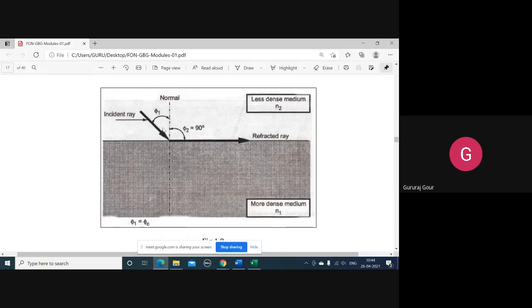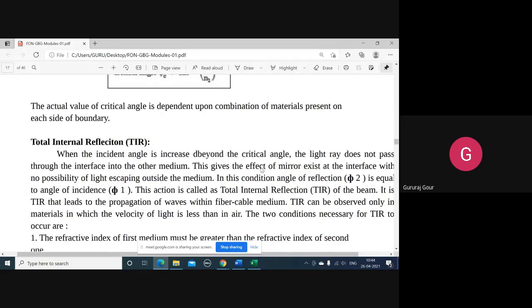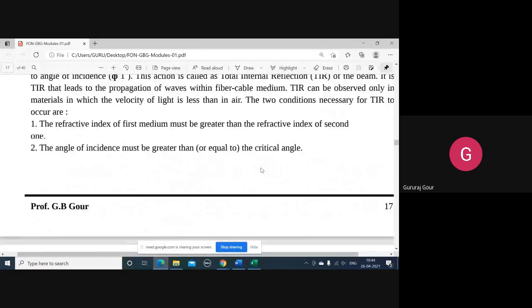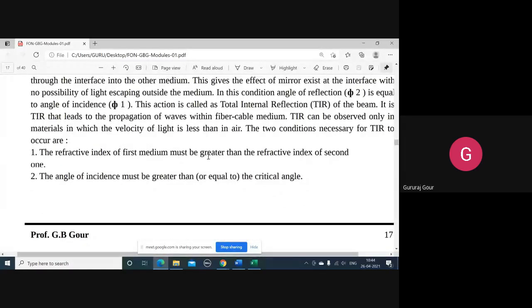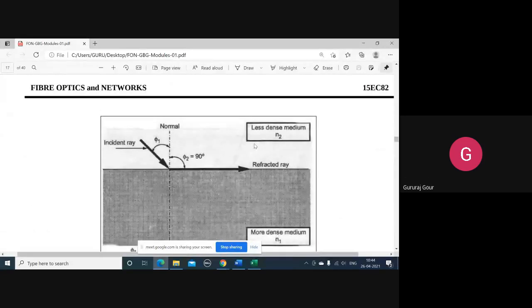So what it is telling is N1 is greater than N2. The refractive index of the first medium should be larger than this one. When you go on increasing the refractive index of the first medium, that will increase the angle of incidence.